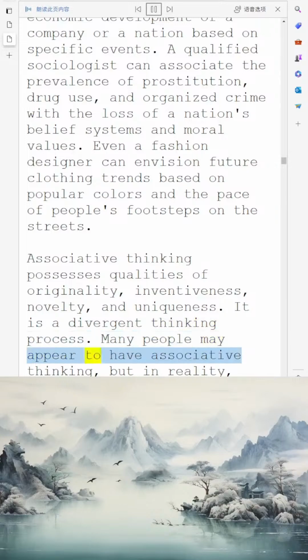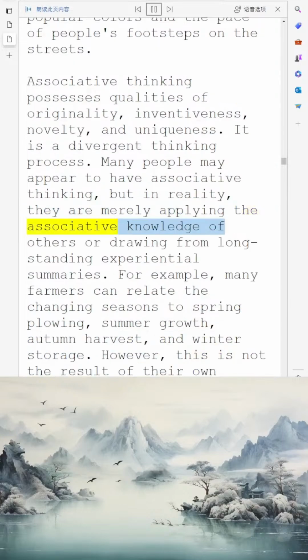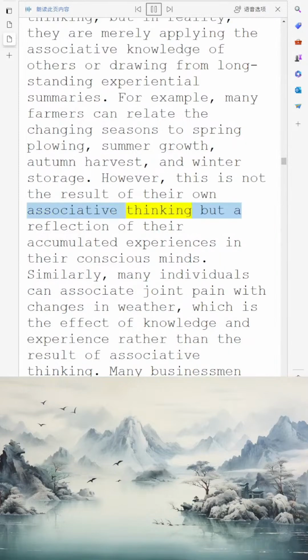Many people may appear to have associative thinking, but in reality, they are merely applying the associative knowledge of others or drawing from long-standing experiential summaries. For example, many farmers can relate the changing seasons to spring plowing, summer growth, autumn harvest, and winter storage. However, this is not the result of their own associative thinking, but a reflection of their accumulated experiences in their conscious minds.